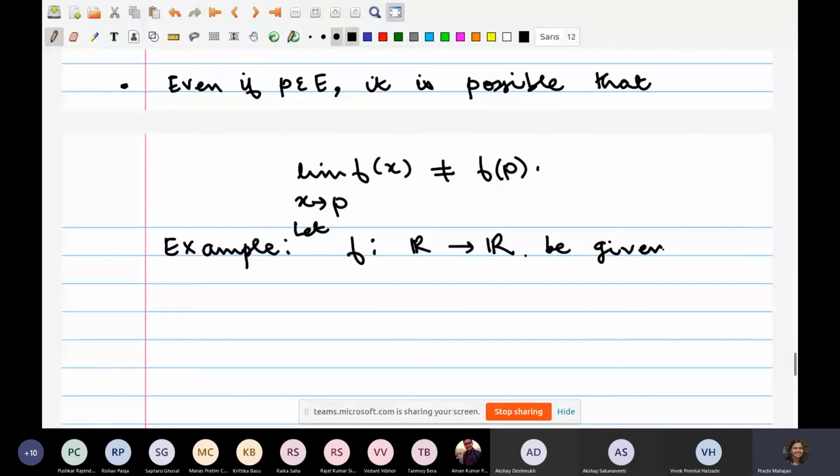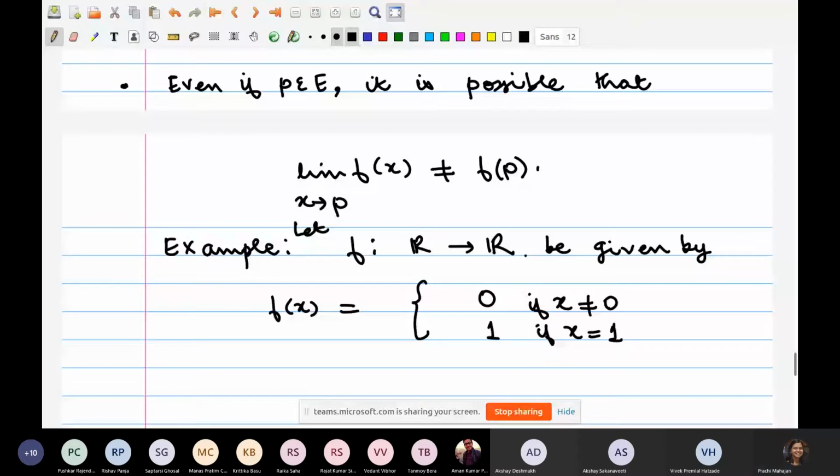So let's define f as follows. Let's say f of x is going to be 0 if x is different from 0, and at the point 0, the function is defined to be 1. So this is x equal to 0 here.